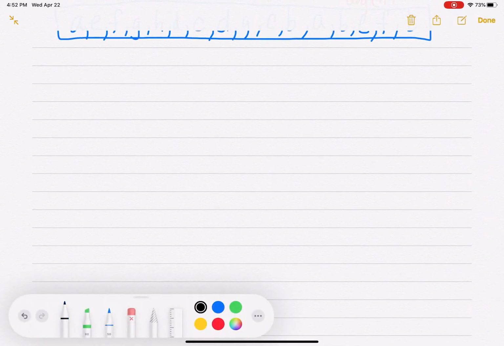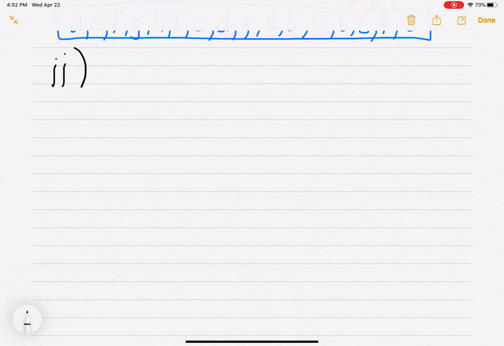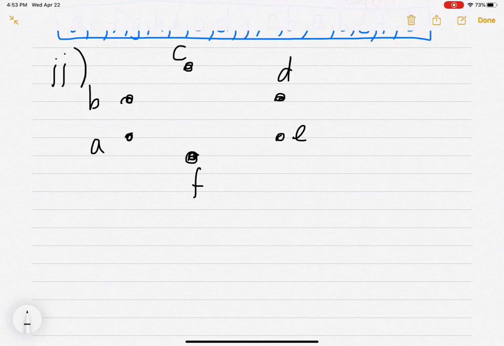Number 2. Okay, I got a strange looking graph here. We got A, B, C, D, E, F. We go A to B, B to C, B to C. We have a multi-edge there.